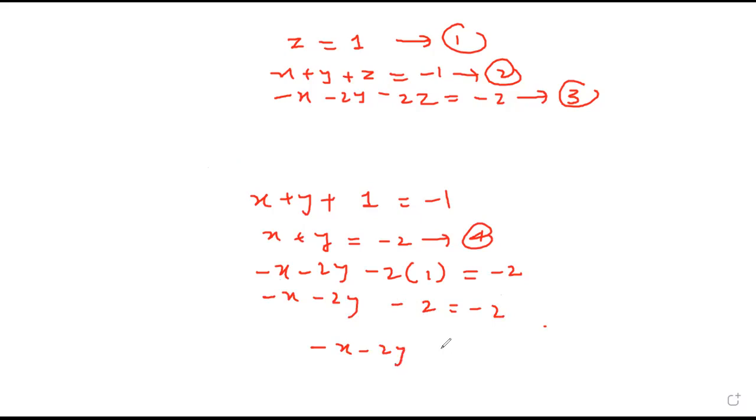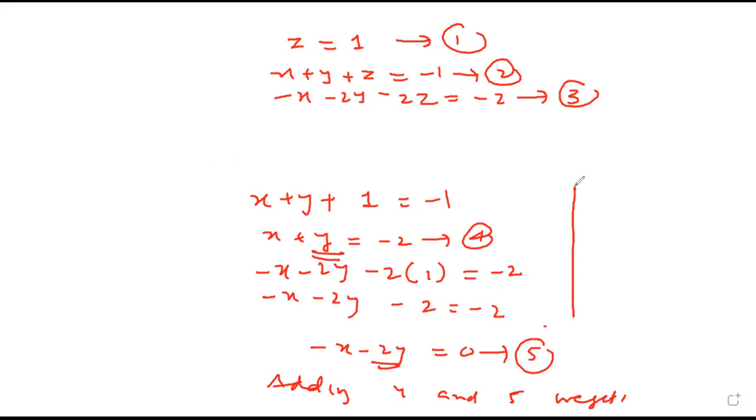Minus x minus 2y equal to 0. Adding 4 and 5, we get x minus x will get cancelled, plus y minus 2y equals minus y, which is minus 2. So y equals 2.